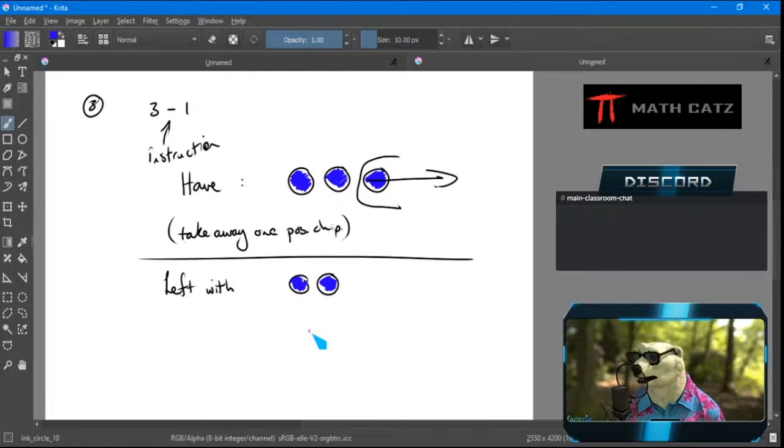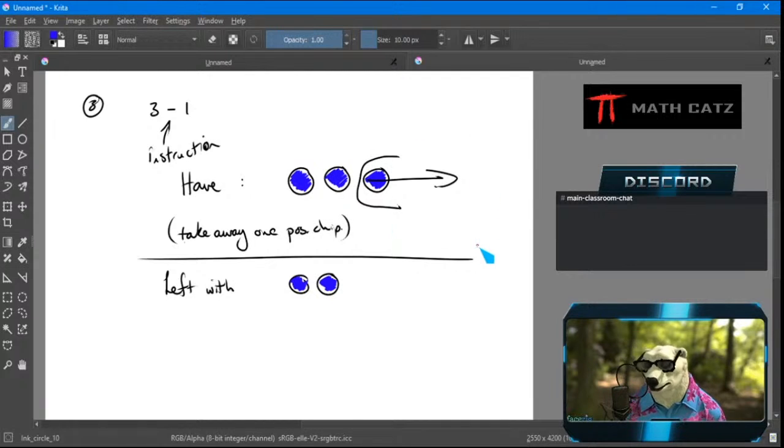On paper, I want to be as close to that as possible. So I'm not going to draw an extra chip over here, making it look as if there are 4, because there will never be 4 chips on the table if I act this out and tell the story. There shouldn't be 4 chips on the table here either.